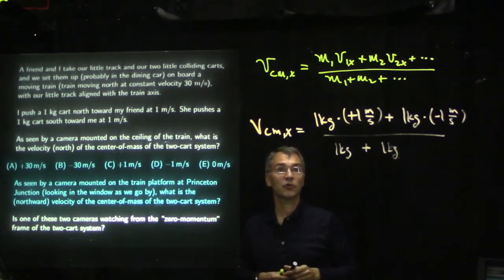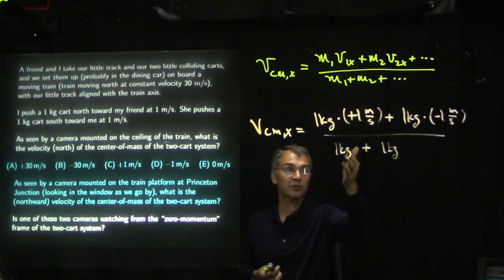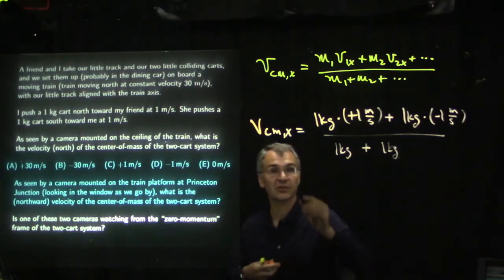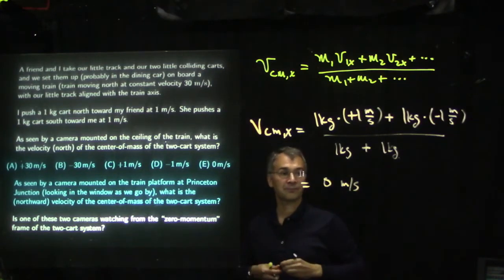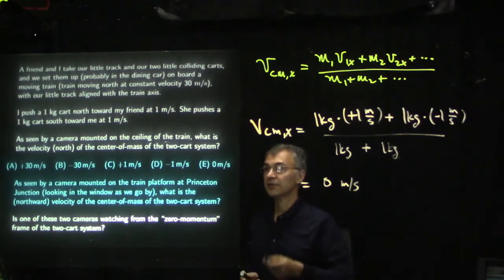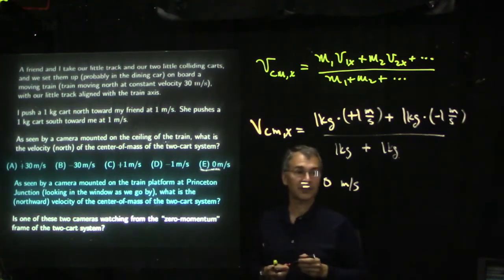That's going to be 0 because you have 1 times 1 plus 1 times minus 1. So this is 0 meters per second. I think I like answer E here, 0 meters per second.